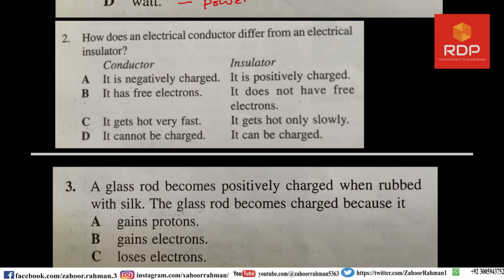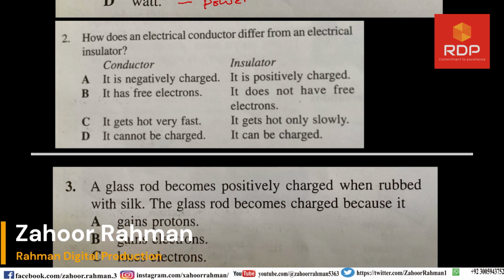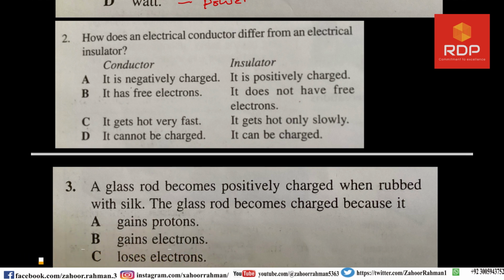We said that conductors are materials in which there are more free electrons in the outermost shell, and insulators are those in which the electrons in the shells are tightly bound to the positively charged nucleus, so there are not many free electrons. So let us discuss the answers, and then we will select one option.